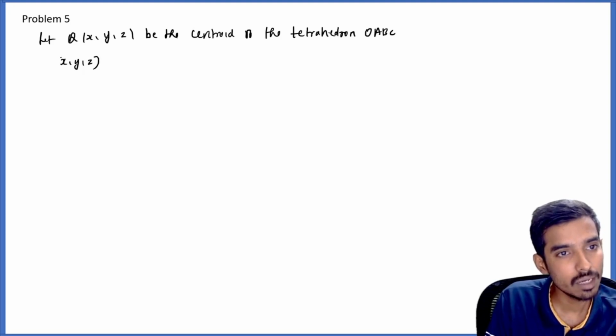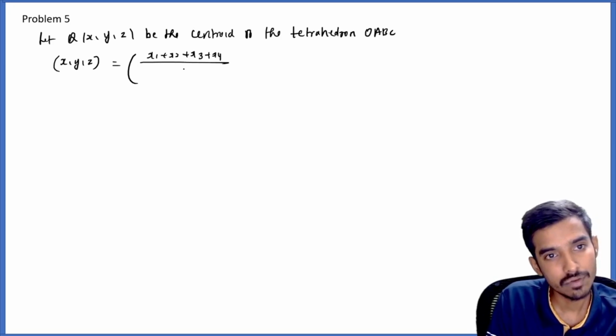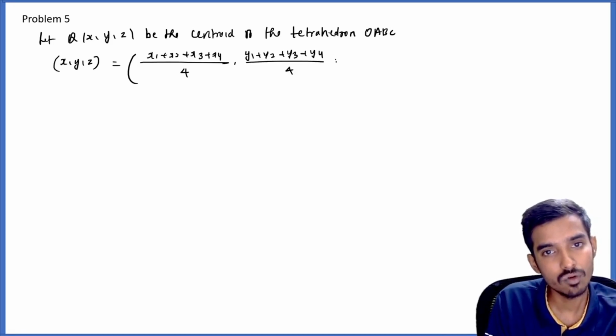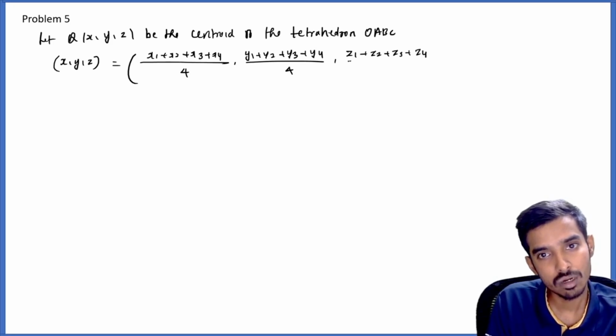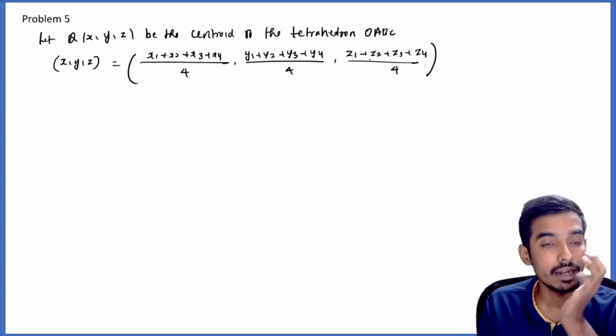So this x comma y comma z is given to be x1 plus x2 plus x3 plus x4 divided by 4, y1 plus y2 plus y3 plus y4 divided by 4, z1 plus z2 plus z3 plus z4 divided by 4. This is the centroid of the tetrahedron, right?